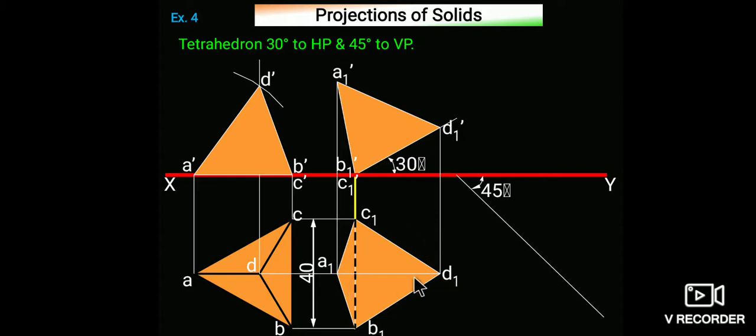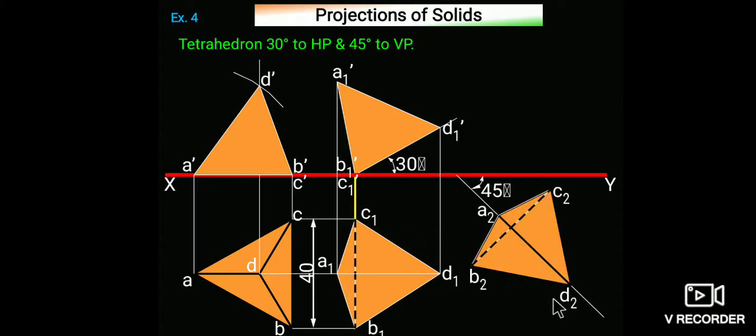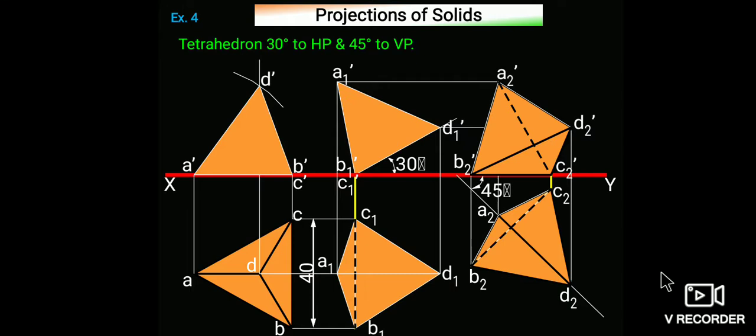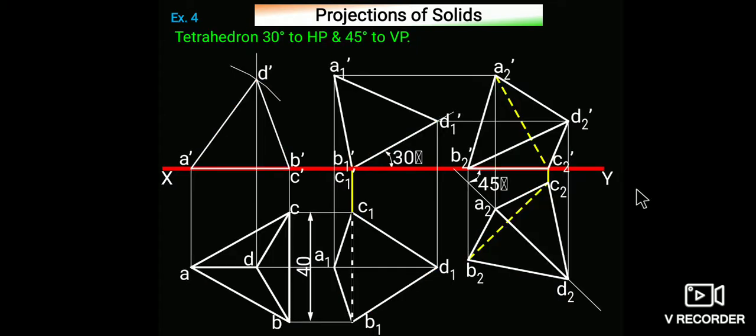So rotate this figure in such a way that this axis makes an angle of 45 degrees with VP. Take projections from the respective points and join them appropriately. So this is a tetrahedron of the given condition. Hope it's clear to you. And this is the final drawing of this problem. This is the front view and this is the top view.